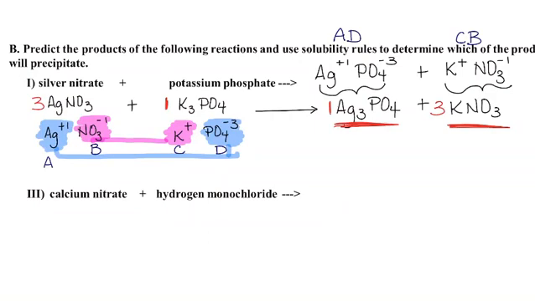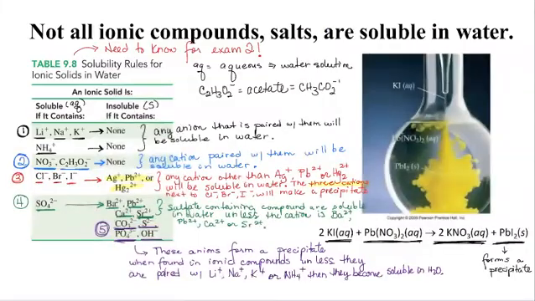Remember, if something is soluble in water, we label it AQ. If something is not soluble in water, we label it S for solid. So if we go back to the rules that I just showed you guys, remember that the compounds in question here are KNO3 and Ag3PO4.